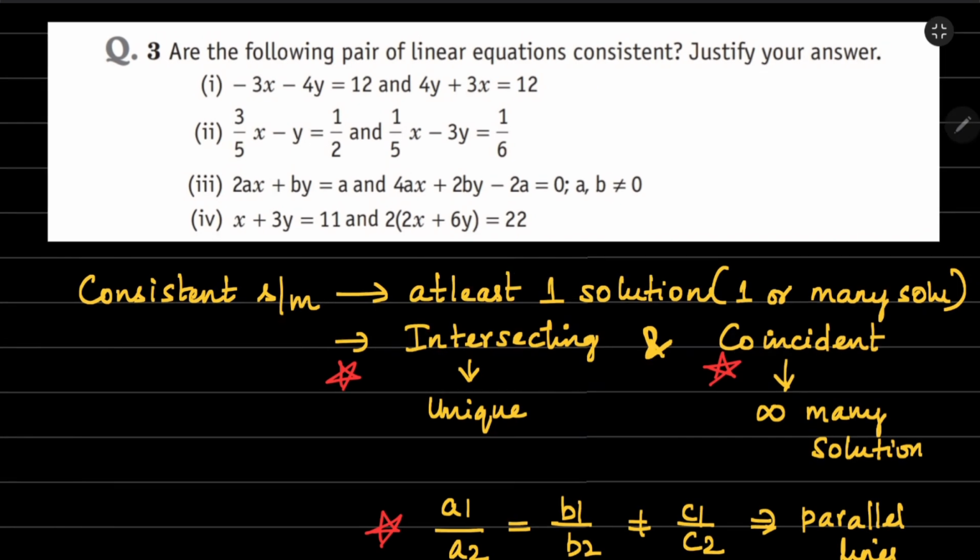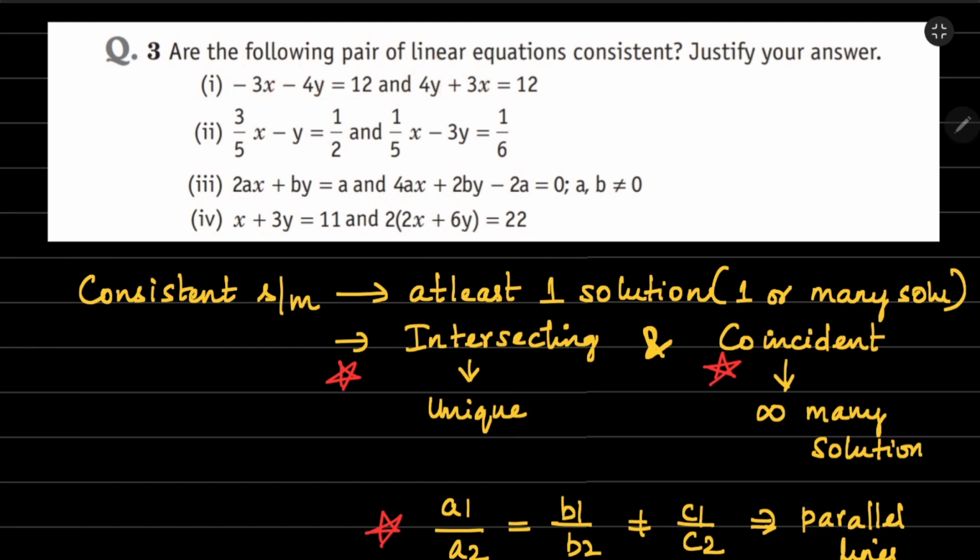So let's solve the first question. It's minus 3x minus 4y equal to 12, and 4y plus 3x equal to 12. Observe that in the first equation the x term comes first and then the y term, while in the second the y term comes first. So we have to rearrange this.